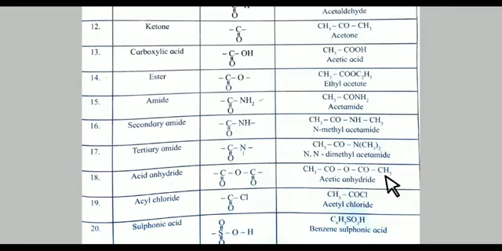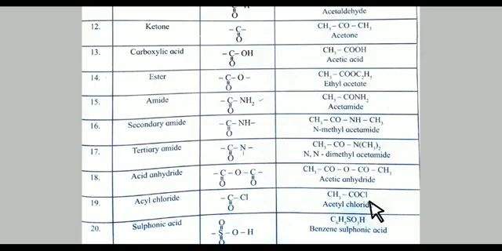Two alkyl groups attach with this anhydride group, so it is known as acetic anhydride. The next is acetyl chloride. Means whenever an alkyl group attaches with carbonyl chloride, C double bond OCl, or you can write it COCl. For example, CH3COCl.